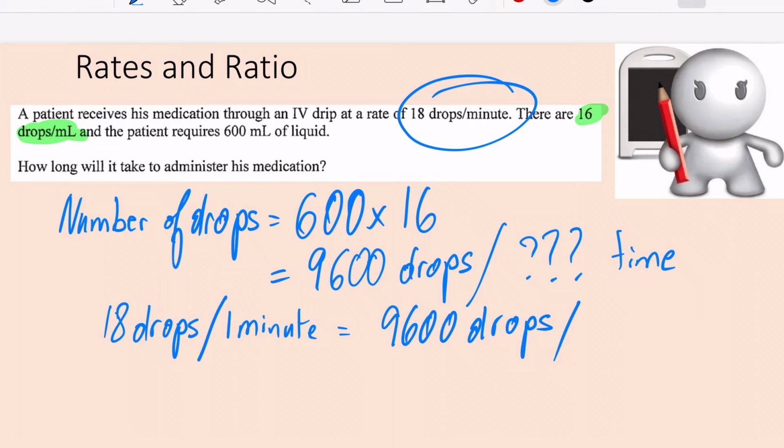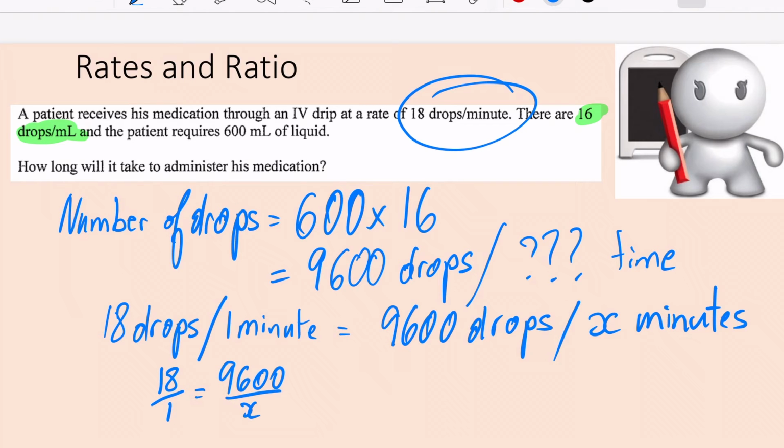Let's compare the same units, so we want to know x minutes. Let's write up our two fractions: 18 over 1 equals 9,600 over x. Let's multiply both sides by x, and I'm going to get 18x is equal to 9,600.